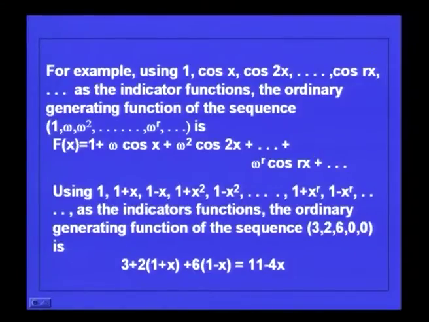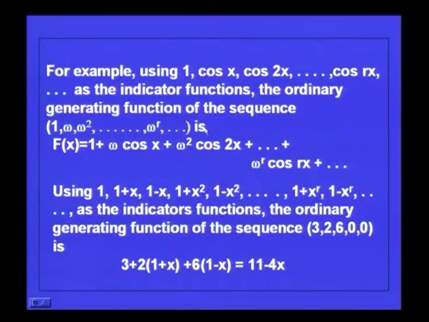For example, if you use 1, cos x, cos 2x, etc. as the indicator functions, then the ordinary generating function of the sequence 1, omega, omega squared, omega cubed, etc. is given by this expression. f(x) is equal to 1, plus, of course here the function is 1, then omega, second here you have cos x, then omega squared, third here is cos 2x, and so on.